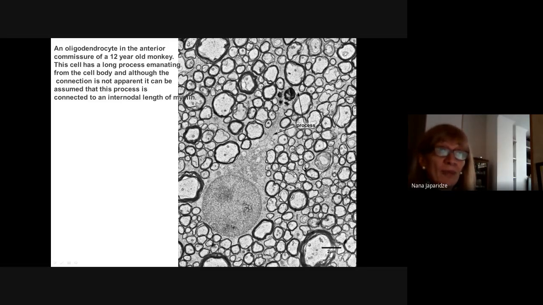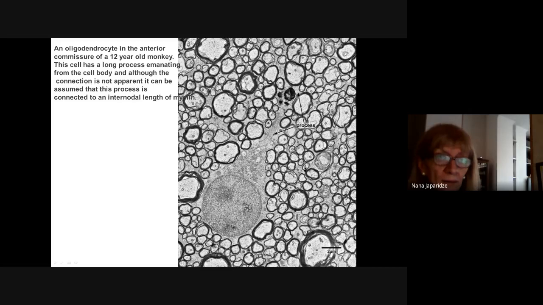Which of them is myelinated, where this axon is, is a little bit difficult to identify, but you know that quite a big part, from 30 up to 50 profiles of the axons, represent the axons which are myelinated by this cell, okay?